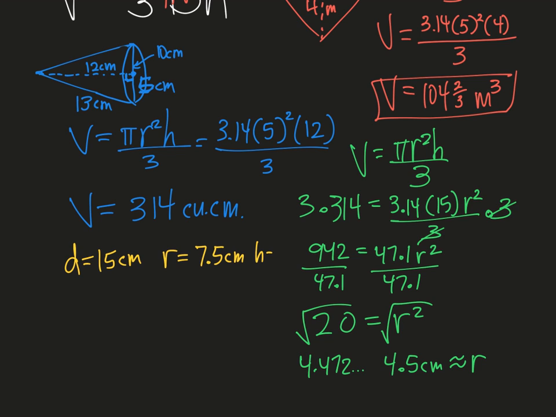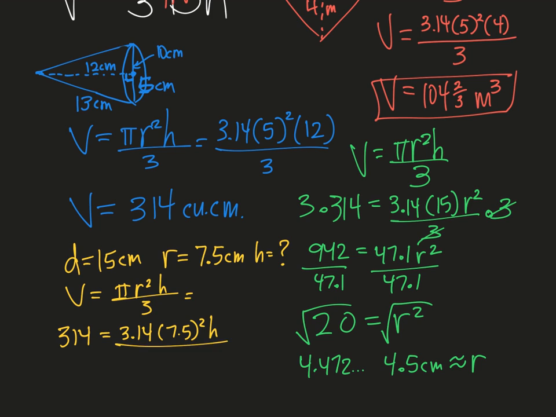So what would the height be? So volume equals pi r squared h divided by 3. And the volume I already know to be 314. Pi is 3.14. The radius this time is 7.5. I don't know the h yet, and divide by 3.